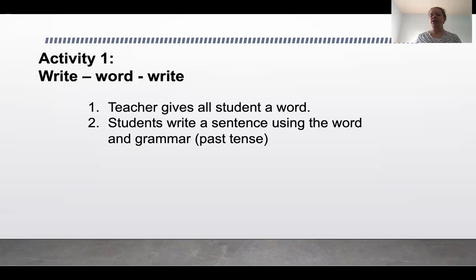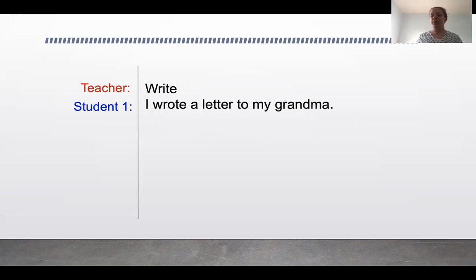And now I would like you to write a sentence using this word in the past tense. So on the line below write a sentence using the word in the past tense. For example, someone might write, I wrote a letter to my grandma.